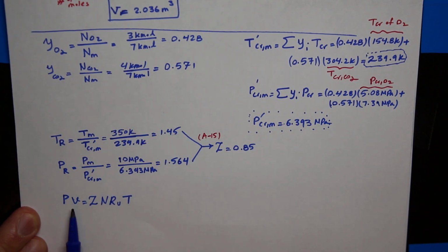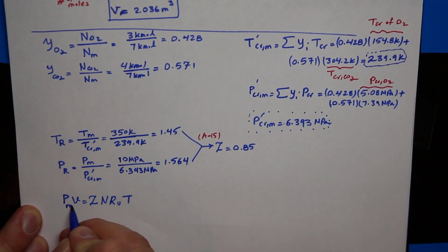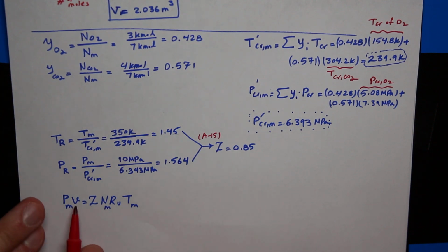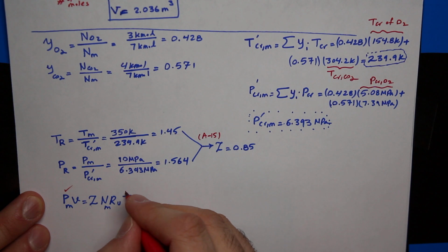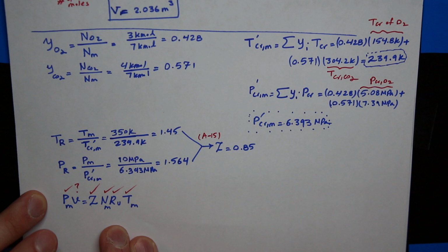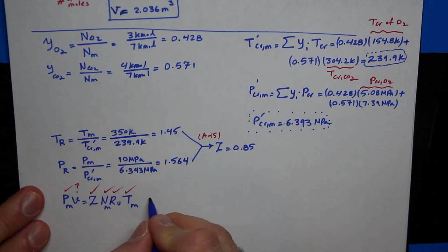But here is what I need to include: the pressure of the mixture, the temperature of the mixture, and the number of moles in the mixture that I have. And obviously if I solve this, I'm able to obtain the volume. So this is known, this is known, this is known, and I just obtained this Z. So I did all this story to obtain the Z value, so based on that I can find the V value, which is the volume of the mixture.